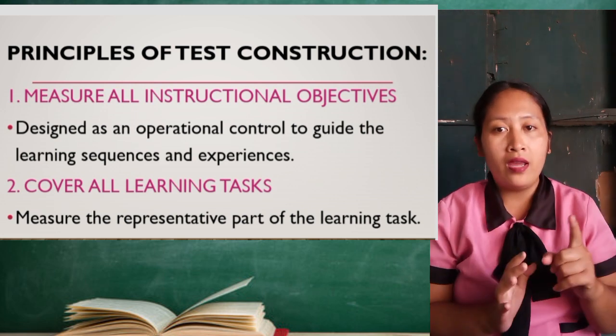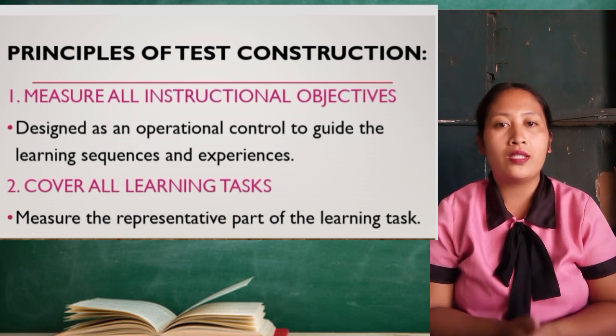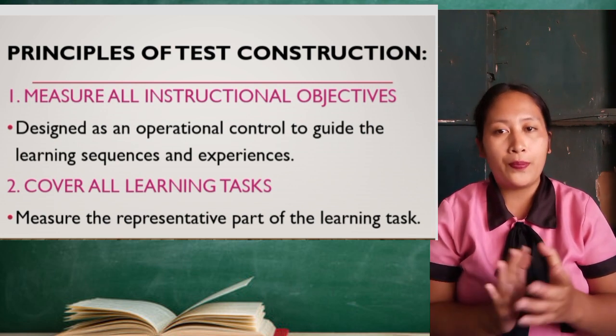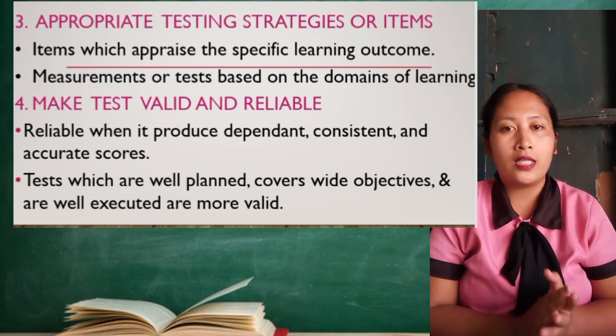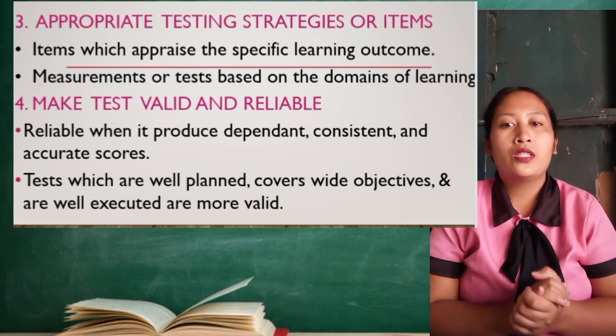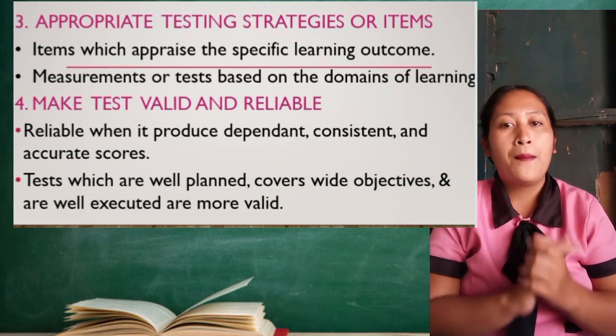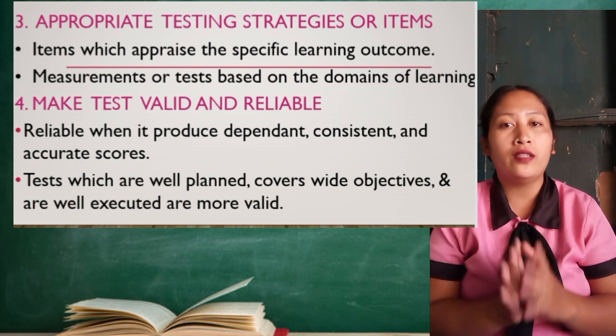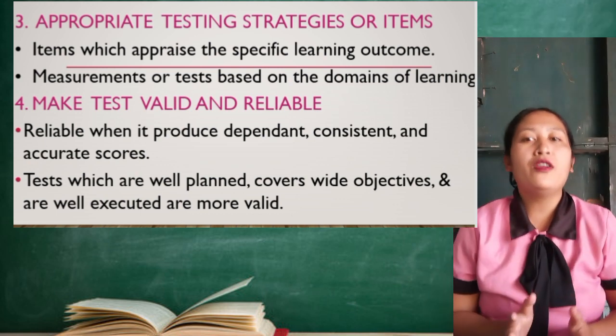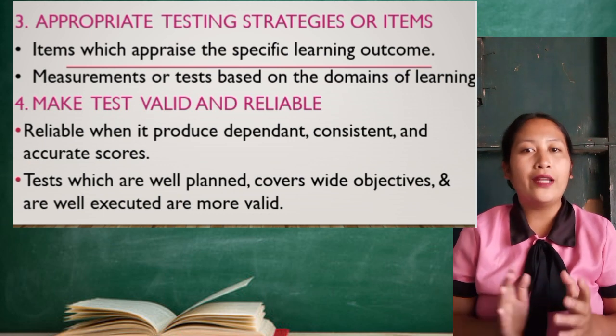In number 3, appropriate testing strategies or items. In this principle, items appraise the specific learning outcome. So the test items constructed must be appropriate to measure the learning outcomes. In number 4, make tests valid and reliable.